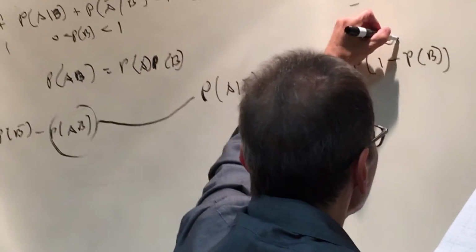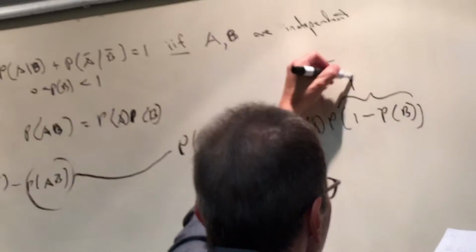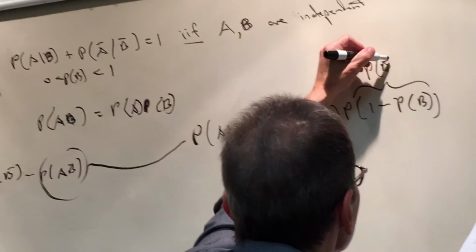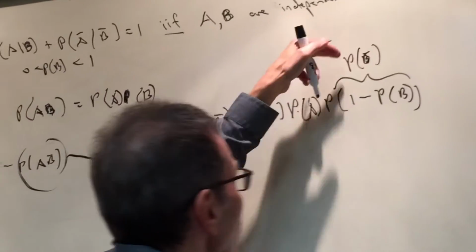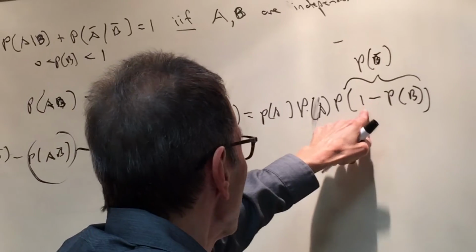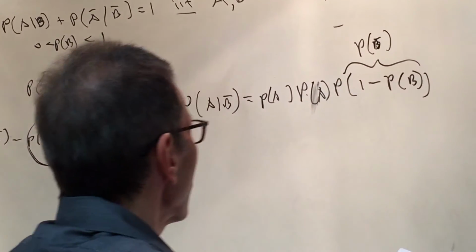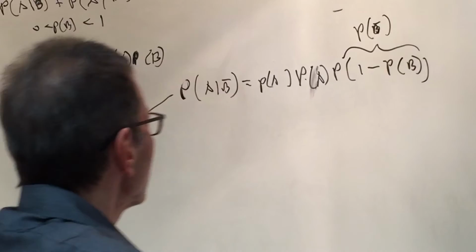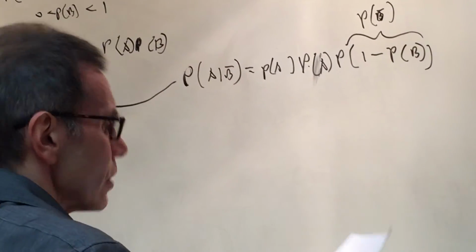We got that from the previous statement that had probability of B bar. We know the probability of B bar is the same as 1 minus probability of B. All right, so that's our first attempt to eliminate the complements.